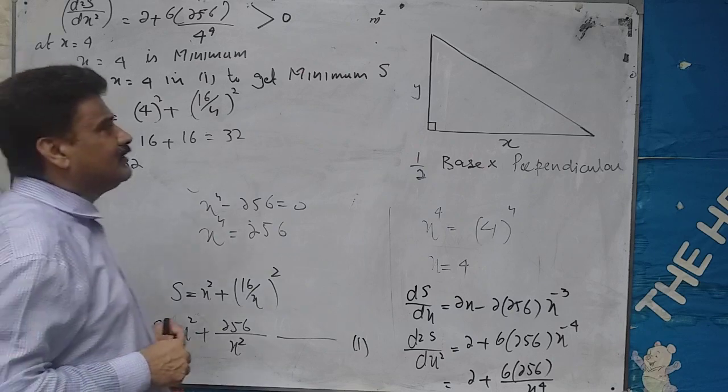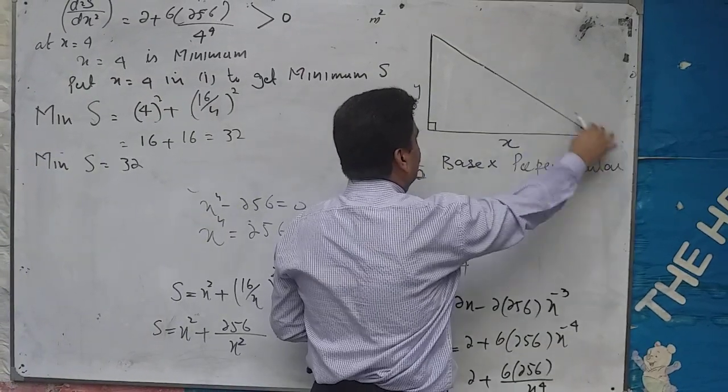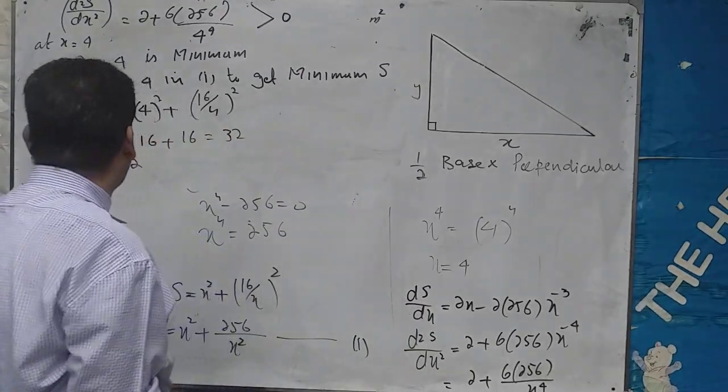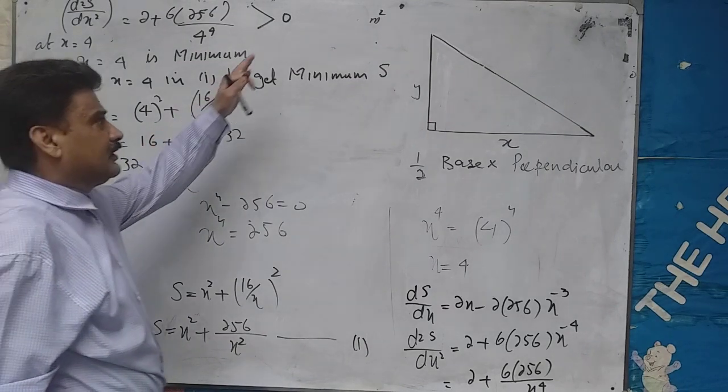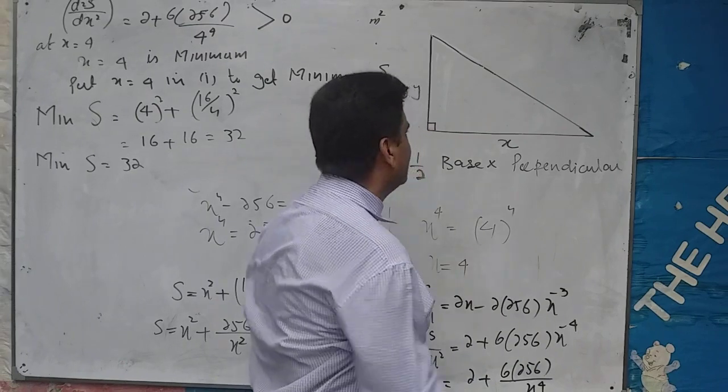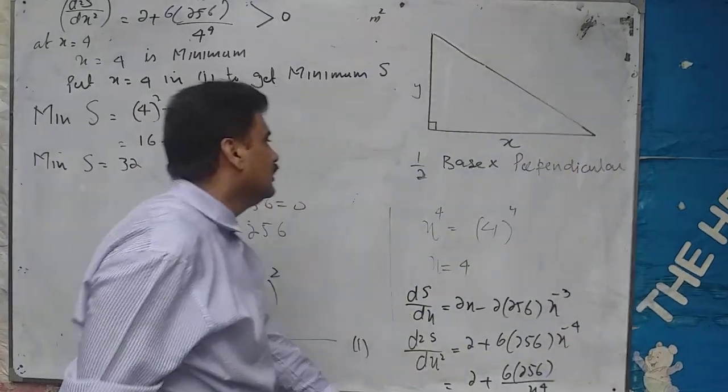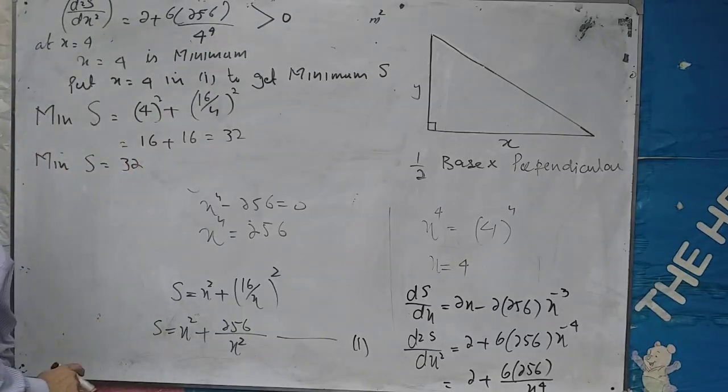If we have to find the length of hypotenuse, this value is the square of hypotenuse.